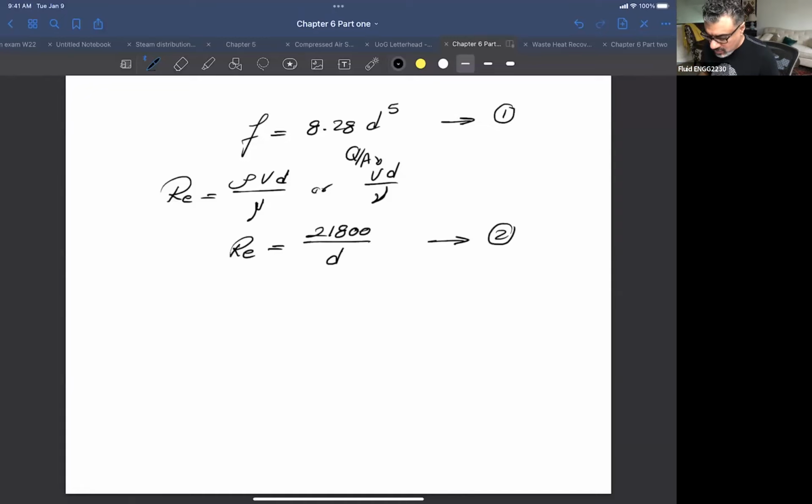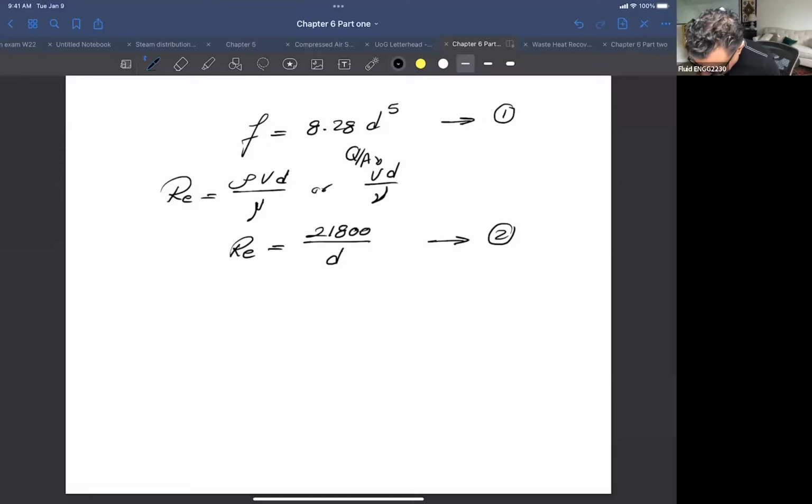Okay. So it looks like you cannot find one with respect to the other because the diameter is the missing information, which is important information. Now, I don't know if Reynolds number is lower than 2000 or higher than 3000 for laminar or turbulent, right? So I don't know if I need epsilon over d or not.